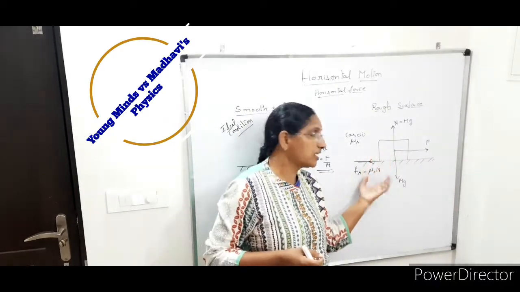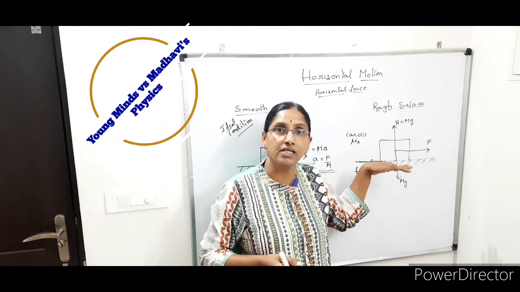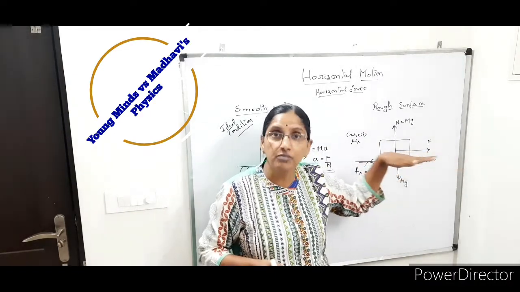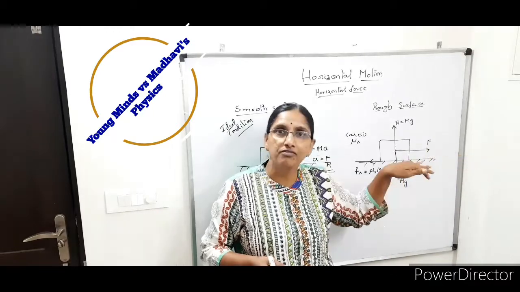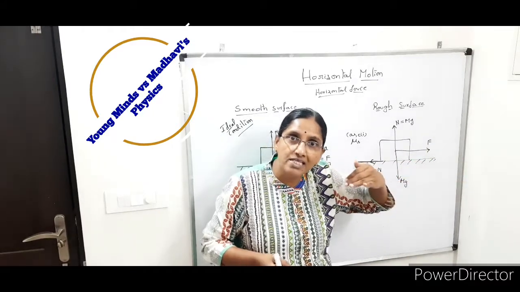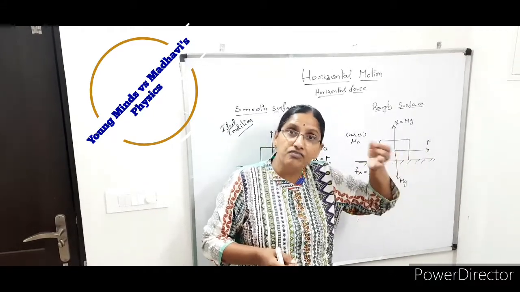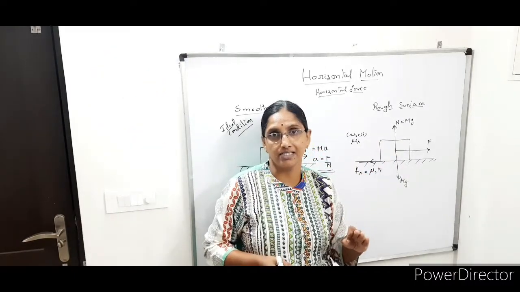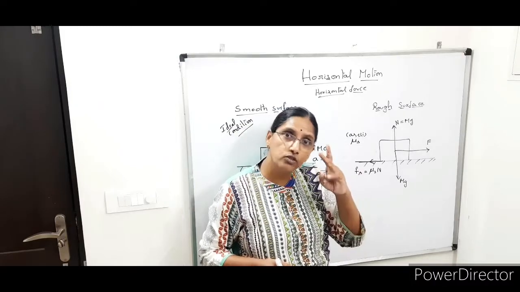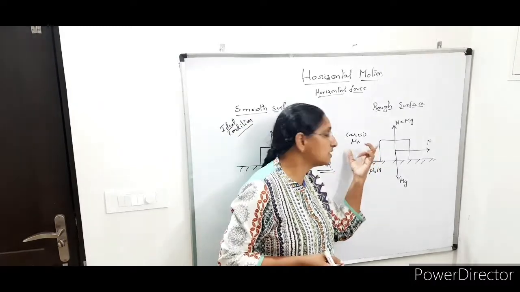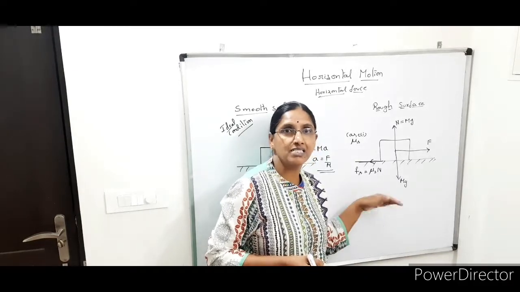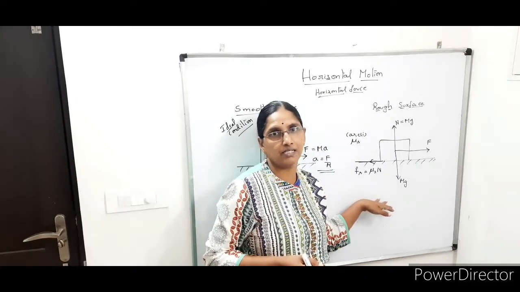When the friction has become maximum, then if you apply force beyond that, the body moves. As the body is in motion, the friction decreases. So there will be two conditions. One condition is when the body is about to move, that is the maximum friction acting.